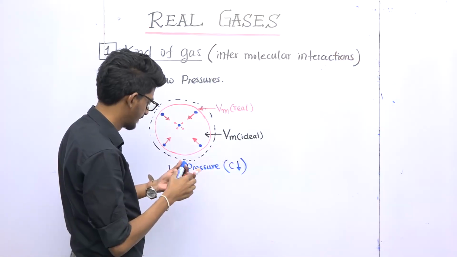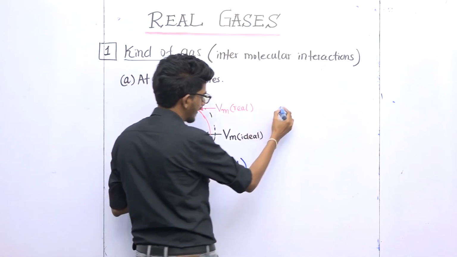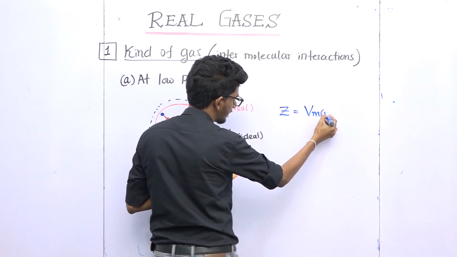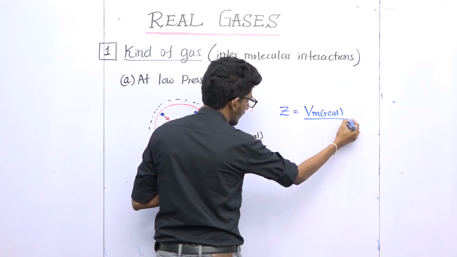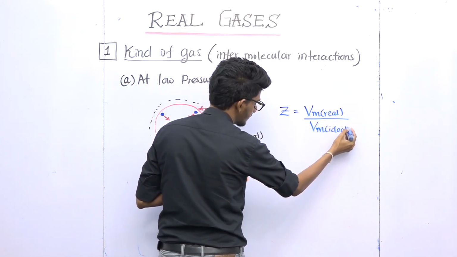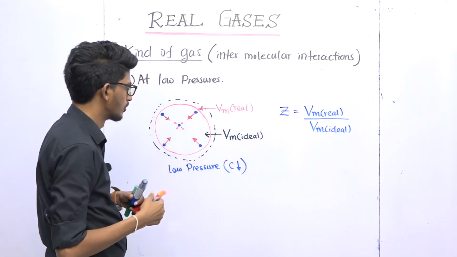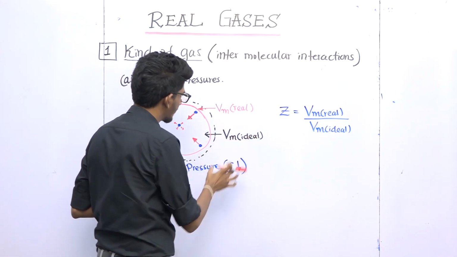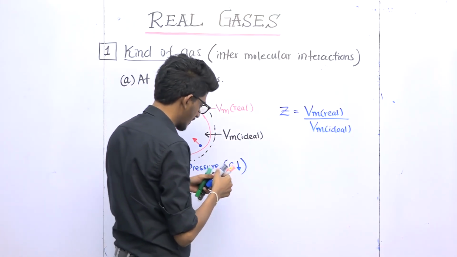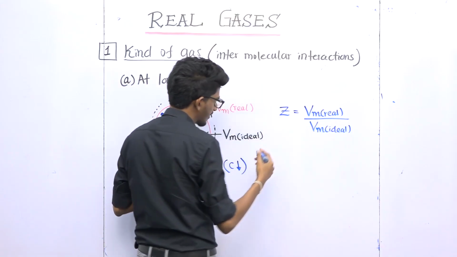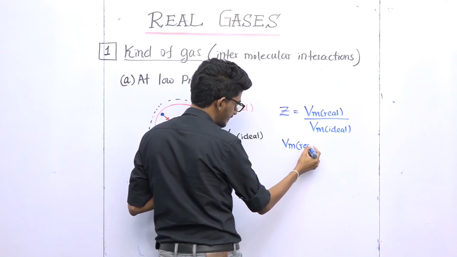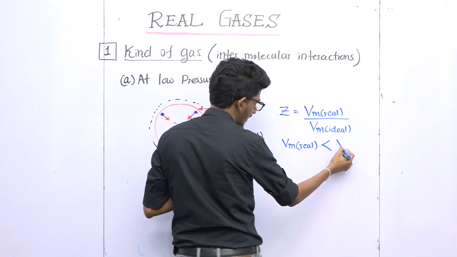So Z is Vm real over Vm ideal. Here the real value is a smaller value. When the attraction happens, Vm real is a smaller value than the Vm ideal.